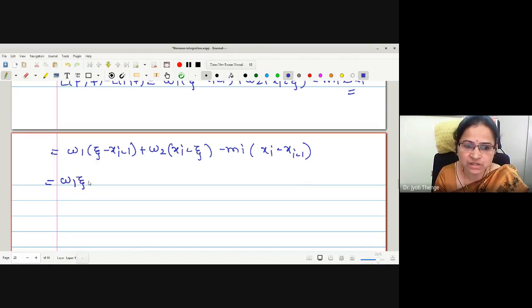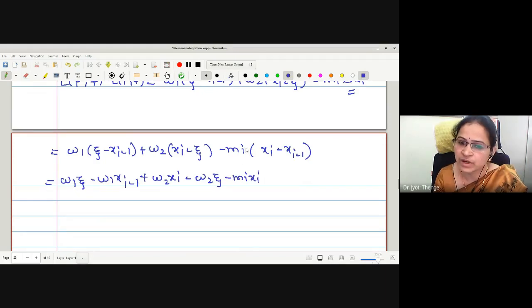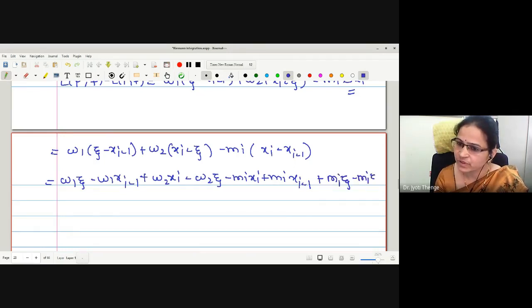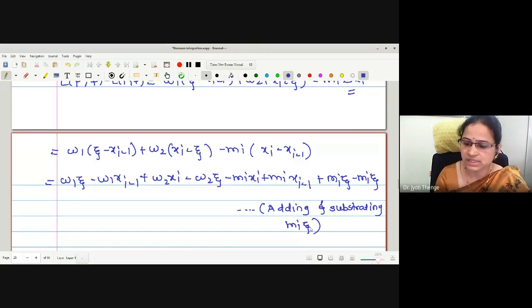Therefore, the multiplication is W1 zeta minus W1 xi minus 1 plus W2 xi minus W2 zeta minus Mi xi plus Mi xi minus 1. Now, in order to prove the result, here we are making an adjustment, adding and subtracting a term Mi zeta. This is purely an adjustment in order to prove the result, adding and subtracting Mi zeta.